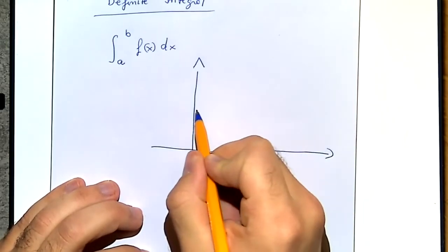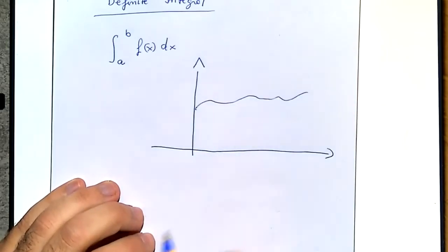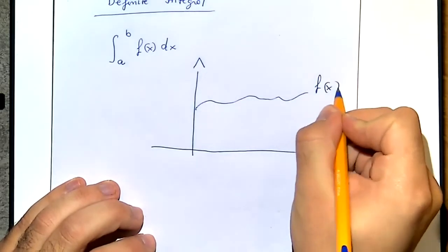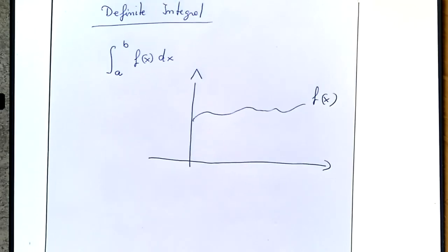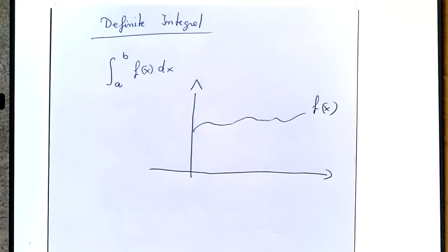Let's say this is your function, this is my f of x. The integral can basically be, again, this is not formal talking, this is just for you to understand it, and technically it is true, but it requires a lot of analysis, so I won't go into detail.